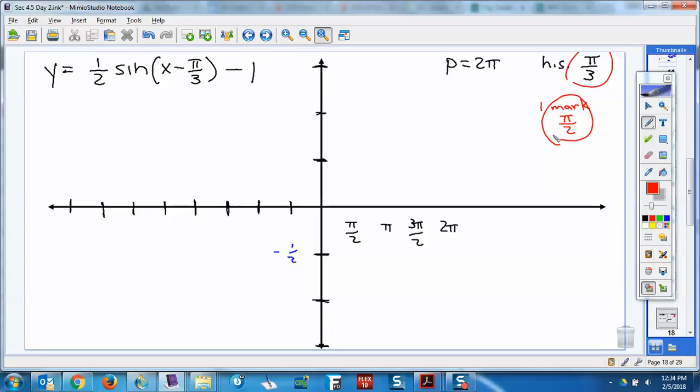I put those two together, get a common denominator, and that's what I should mark my axis in. I've got pi halves and pi thirds, the common denominator is 6, so I should mark this in pi over 6, and that will give me the marks I need to move, and everything will be good.